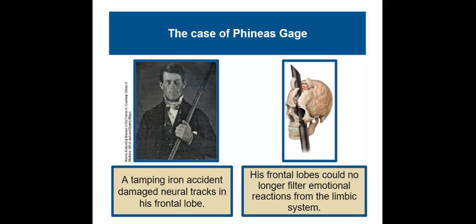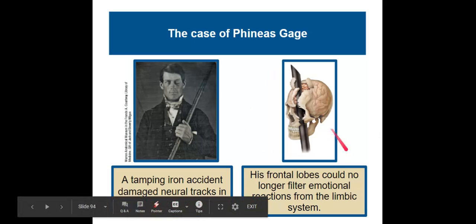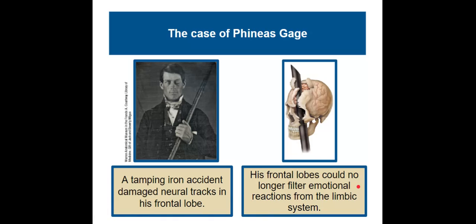And the problem we run into is that people that knew Phineas knew him as a kind and conscientious, quiet person, always respectful. But after he had this accident with the tamping iron, he ended up falling into fits of rage and had problems controlling his emotions.